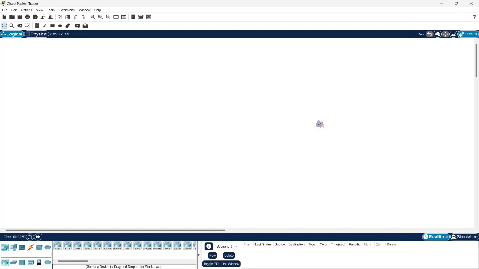And then in static route, there is one feature that is administrative distance or AD that can make it chosen over the other routing protocols. So we will configure the static routing.